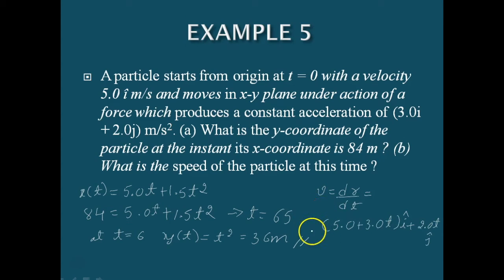At t = 6 seconds, the velocity is given by 23 î + 12 ĵ. If you want to find the magnitude, we take the square root of 23 squared plus 12 squared, that is given by 26 meter per second.